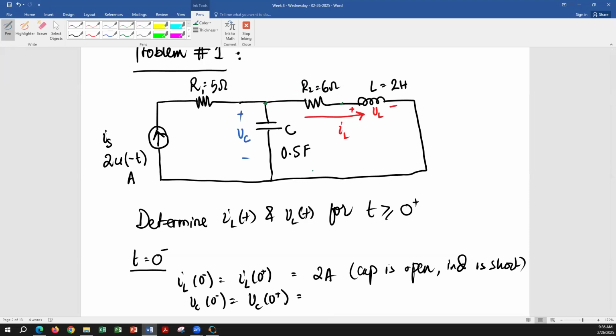Okay, go ahead. 2 divided by R1. So I over R, what is that formula? I don't think that's any formula.